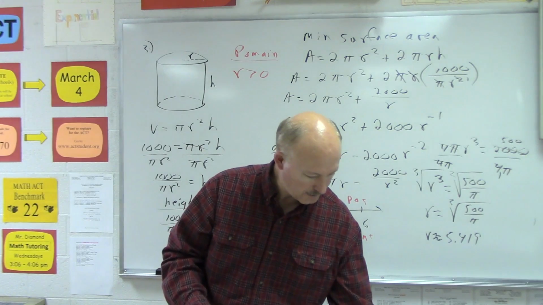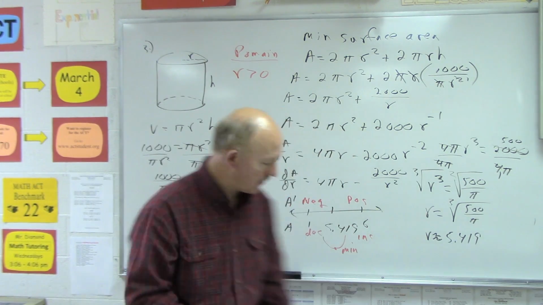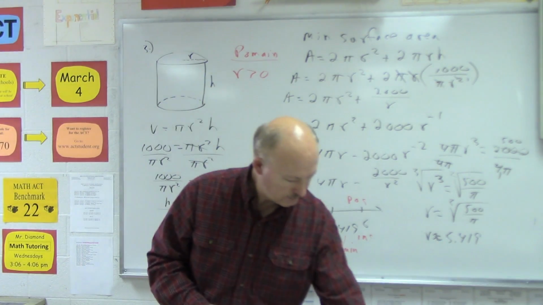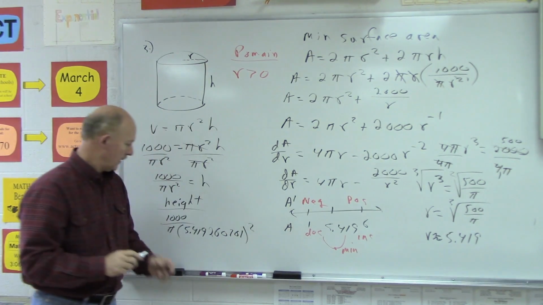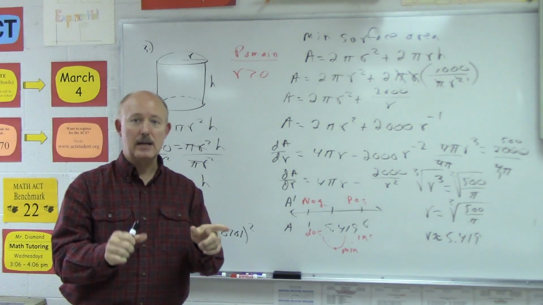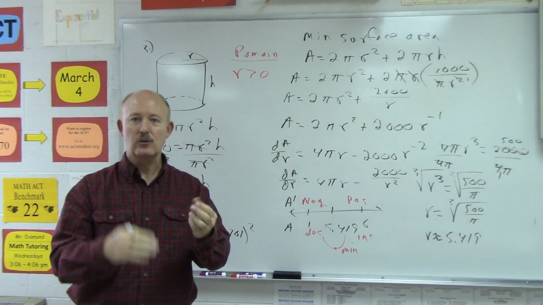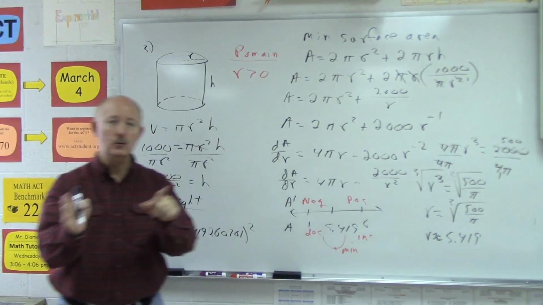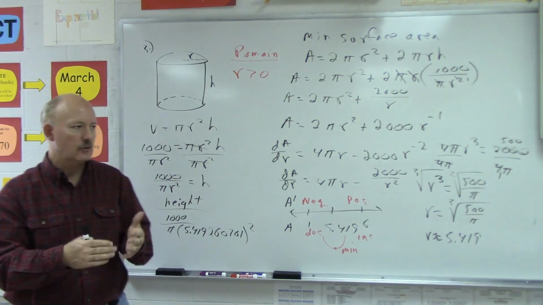If you've got this in your calculator, it'd be 5.419260701. Remember, on the AP calculus exam, you're going to round your final answer off to 3 decimal places. So if you round this answer off too soon, it could cause you to round your answer off incorrectly.